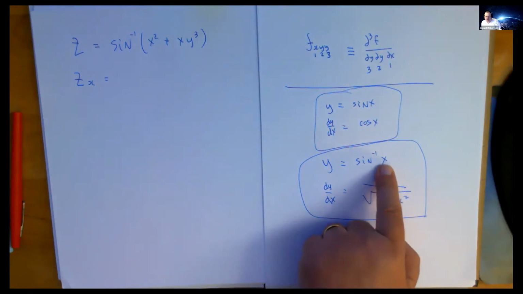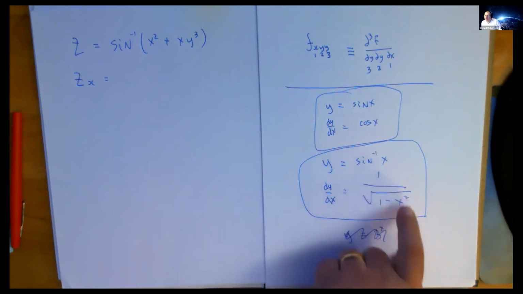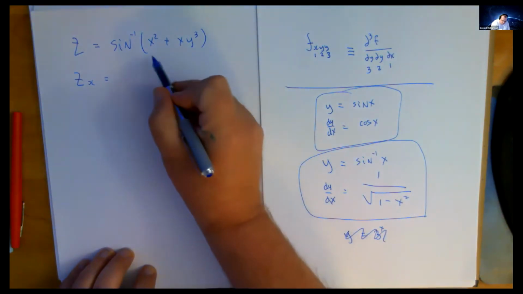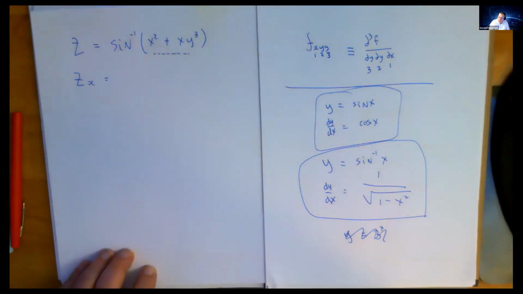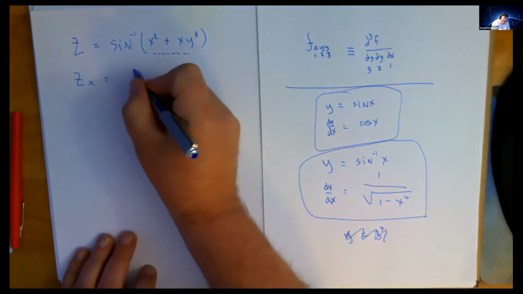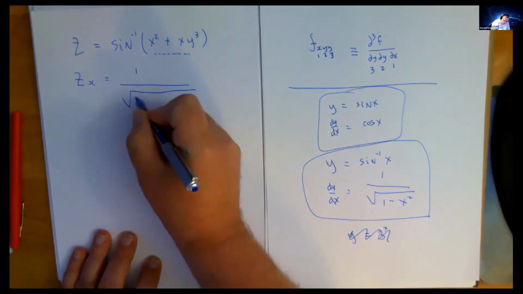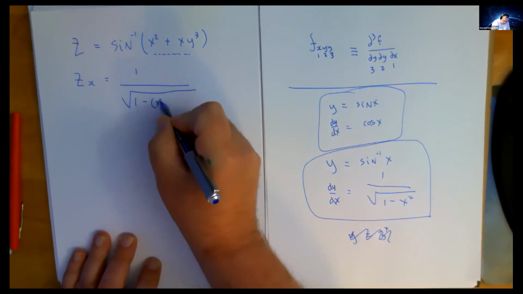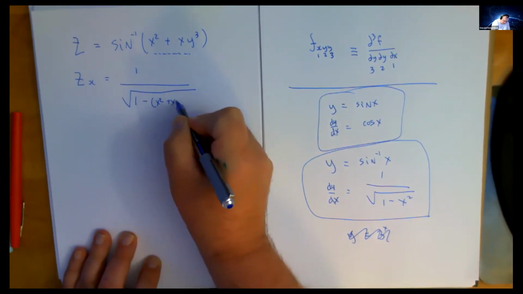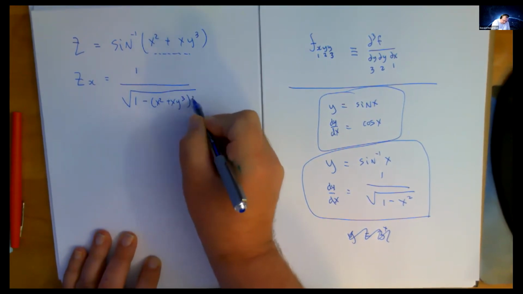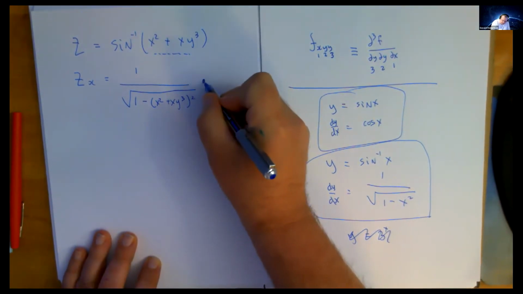And I'm using this x as a placeholder, so that's why I'm calling it something. So won't this be the placeholder that goes in there? So it will be 1 over the square root of 1 take away this horrible mess squared. But isn't this also a chain rule?